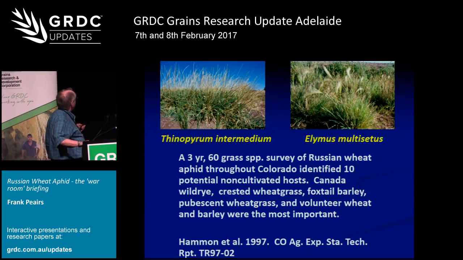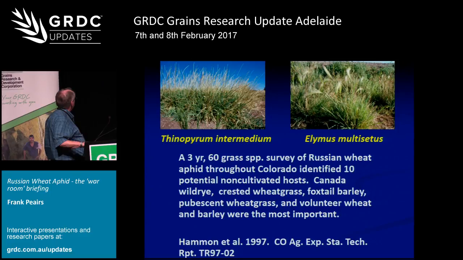This is just one of them, and in this case we surveyed 60 species of grasses, and some of those that were shown to be effective hosts include Canada wild rye, crested wheatgrass, foxtail barley, pubescent wheatgrass, and volunteer wheat. Always shows up as an important part of getting through the period between the two crops.